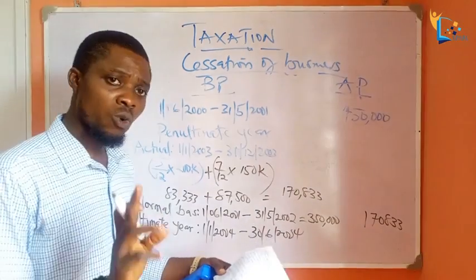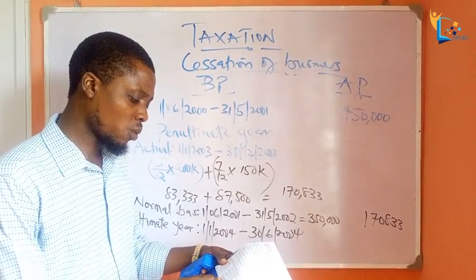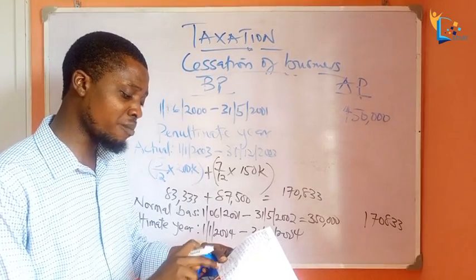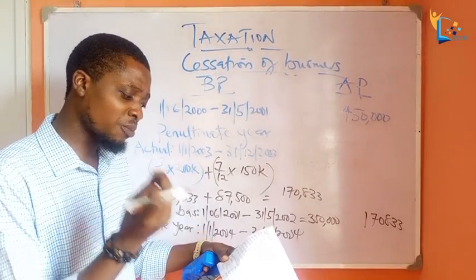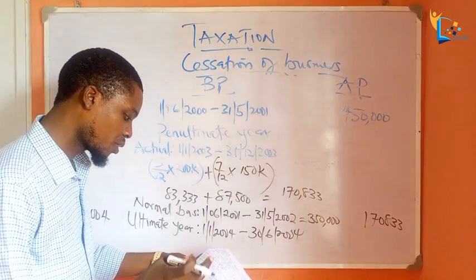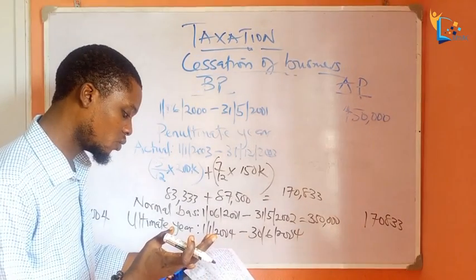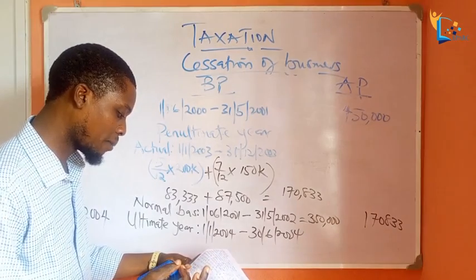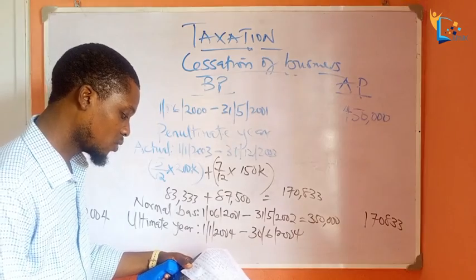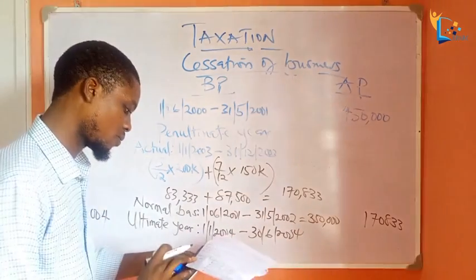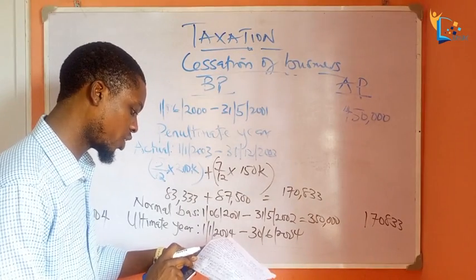Are we together? So now we will have the period to 31st of May 2004, which has some information on this. So it's going to be May, then June, July, August, September, October, November, December. Are we together? So we have 7 over 12, we have 1, 2, 3, 4, 5.